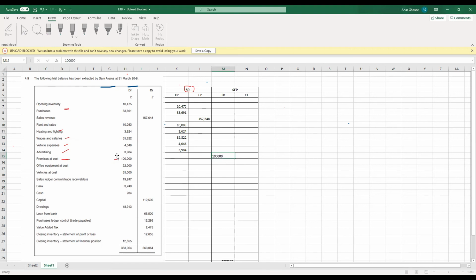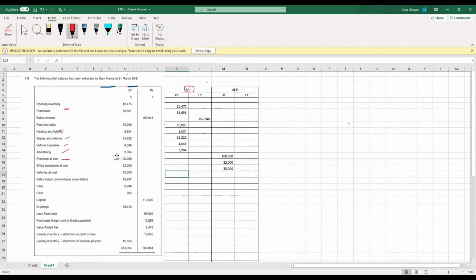It's 100,000. Then office equipment at cost. That is also an asset. It should be reflected in the statement of financial position. Then you have vehicle at cost, again 35,000 on the debit side of the statement of financial position.